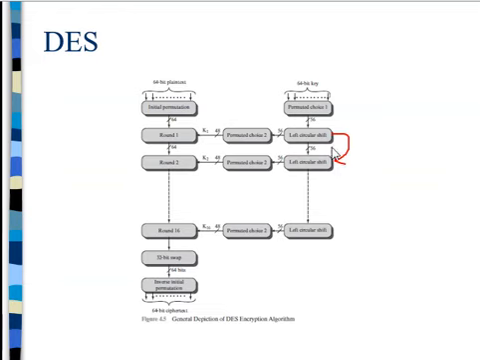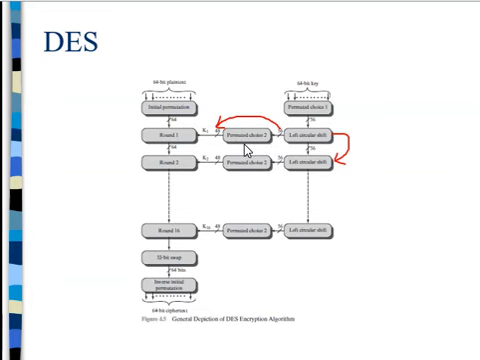In fact, the difference between each subkey, as you can see, is a circular shift. In the key stage, we have 56 bits, which will be converted to 48 bits. This happens after a permutation choice, shown as permutation choice 2.